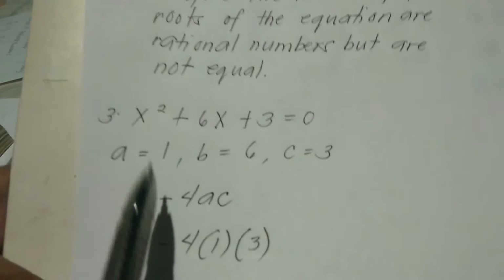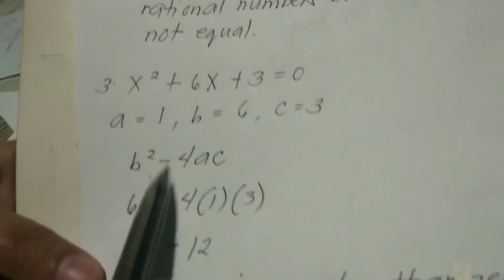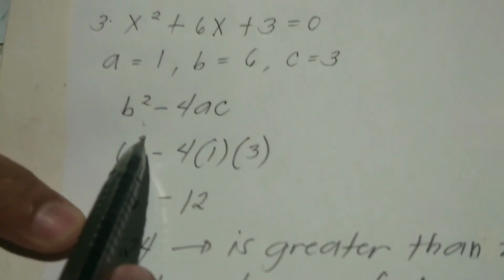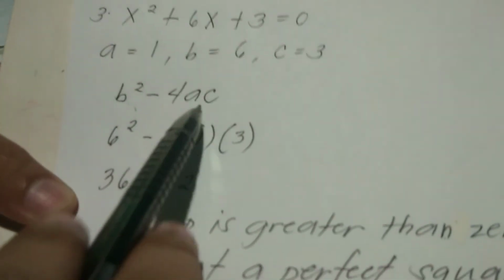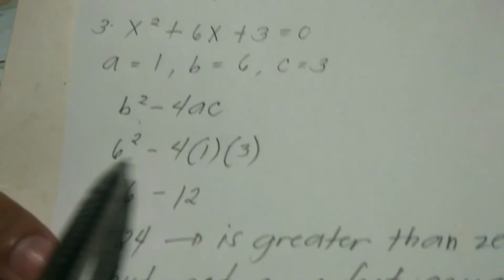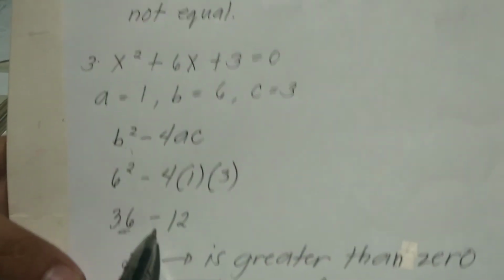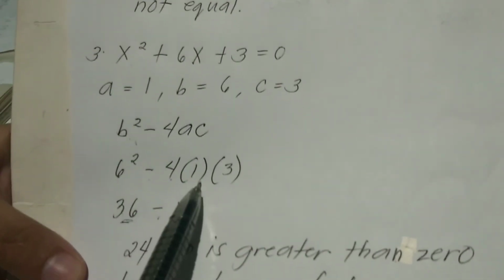Substitute again to the discriminant. B squared minus 4AC. B is 6 squared minus 4. A is 1, C is 3. 6 squared is 36. Minus 4 times 1 is 4.